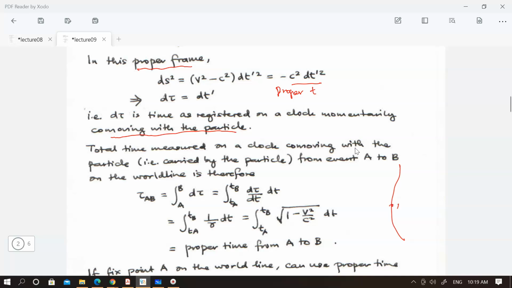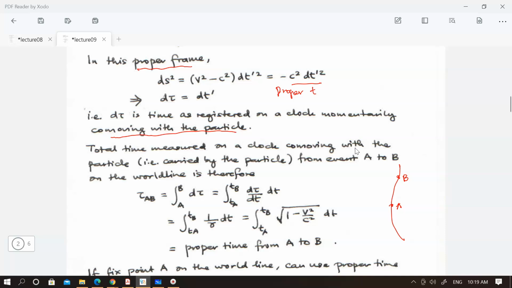Here's a point A, here's a point B. I can give you a measure of time between A and B by considering the integral of d tau, which is the time measured by the particle itself, going from event A to event B. This essentially is the co-moving frame.